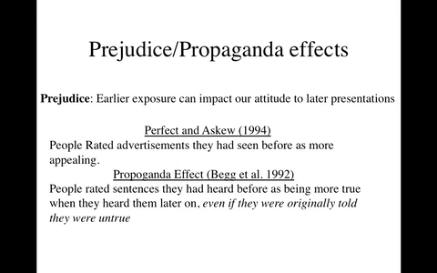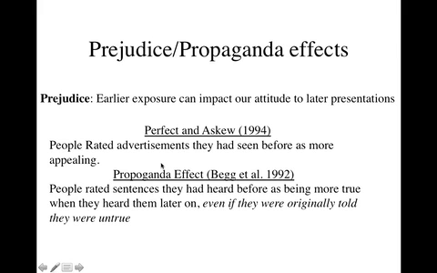Another example of implicit memory is prejudice. And so that's the fact that people have subjective judgments of things, often based on previous experience, even if one does not remember that previous experience. Some examples of this kind of prejudice in research contexts are things like the fact that repetition can lead to people judging things more favorably, such as advertisements.